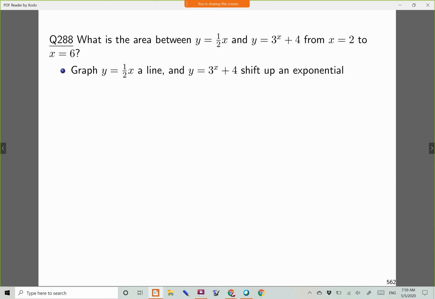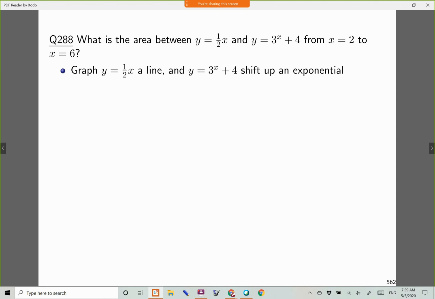It doesn't have to be 100% accurate, but you've got to take a go at this. If you graph y equals 1 half x, that should be a line, a line that we actually talked about in the previous example, with slope 1 half. And then y equals 3 to the x is an exponential function. You just shift that up 4 units.